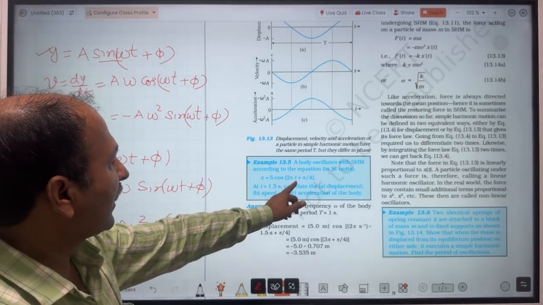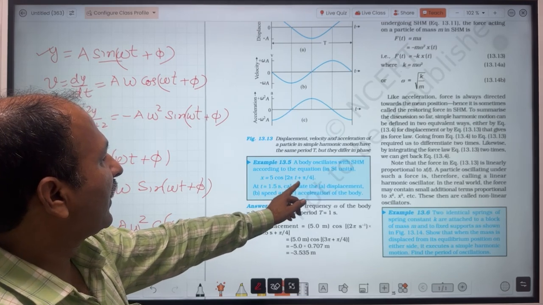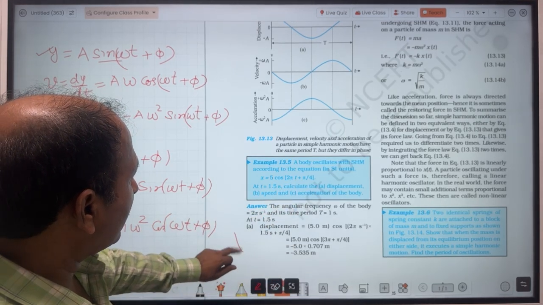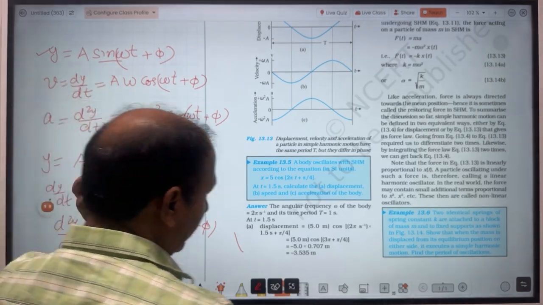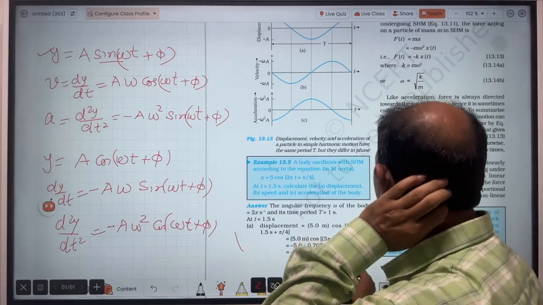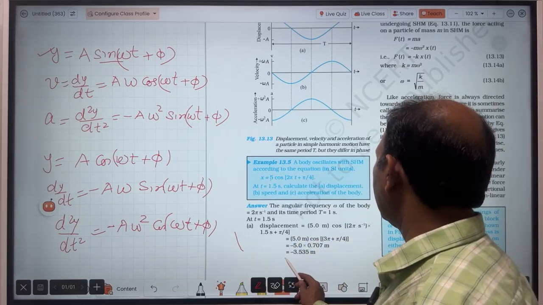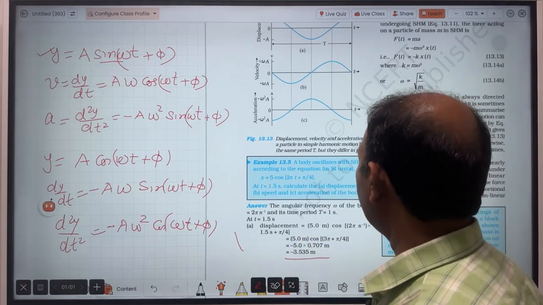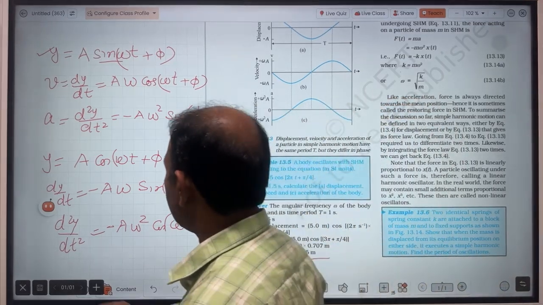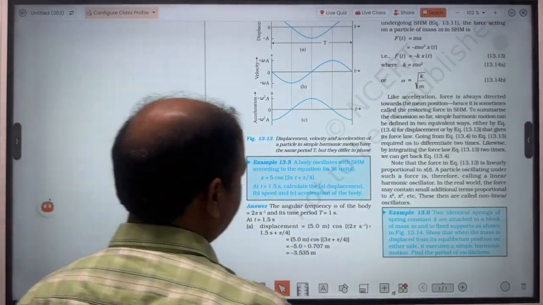When t equal to 1 second, this will become 3 pi plus pi by 4, and then we can put the values. So this is 5 cos of 3 pi plus pi by 4. After evaluation, we will get the value minus 3.535 meter. Correct?